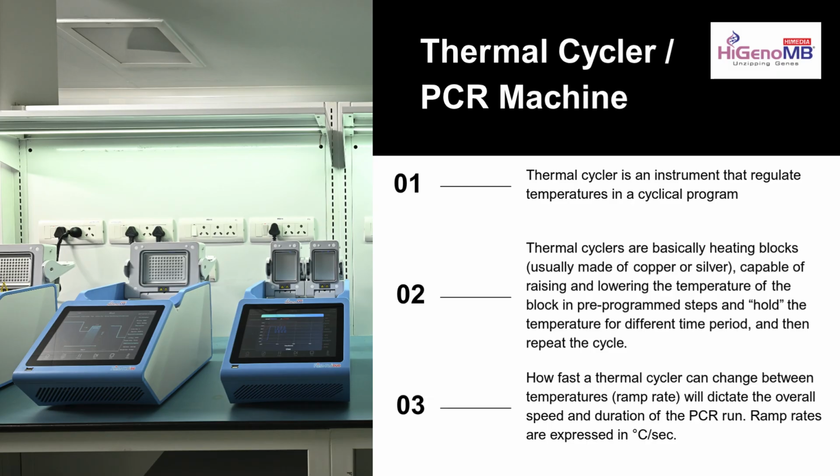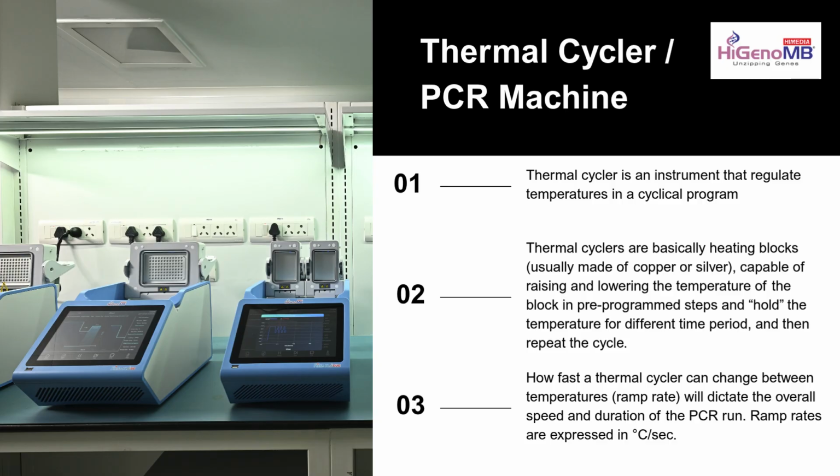Okay, next we are coming to the really important hardware of PCR, which is called the thermal cycler or PCR machine. So what is a thermal cycler? It is an instrument that regulates temperatures in a cyclical program. I will explain the cyclical program in the upcoming slides. What is special about it?